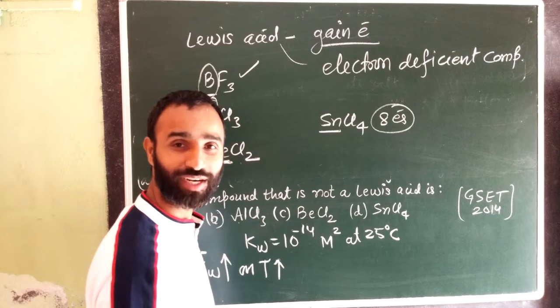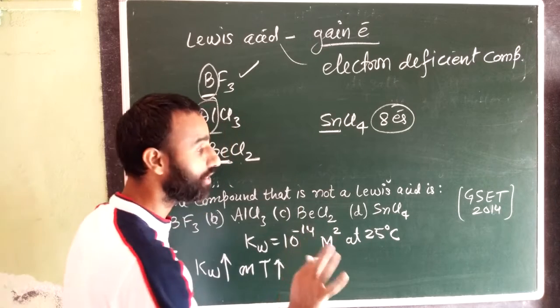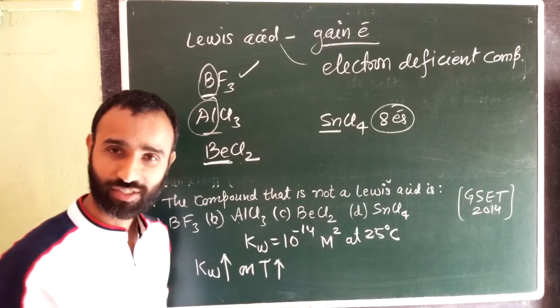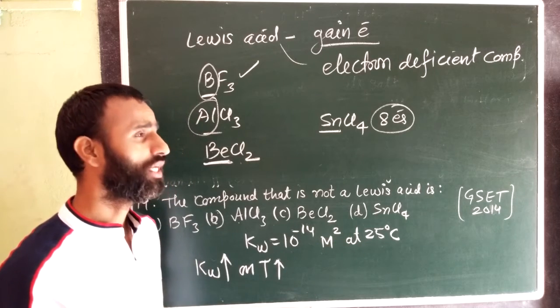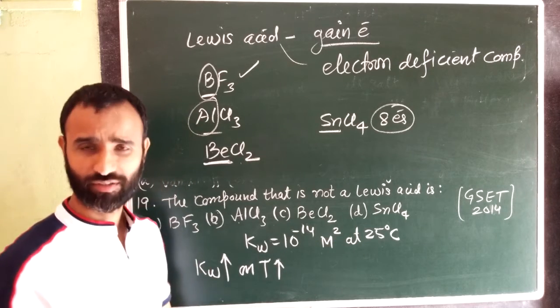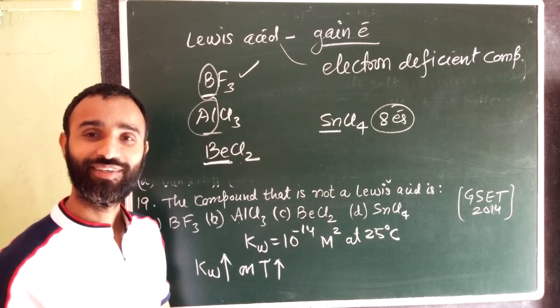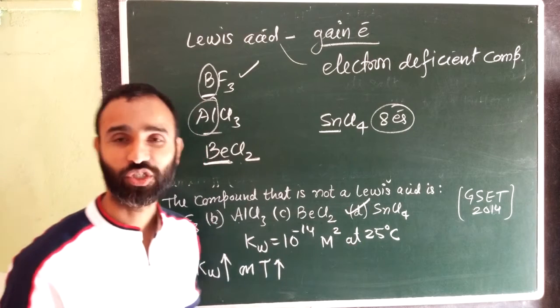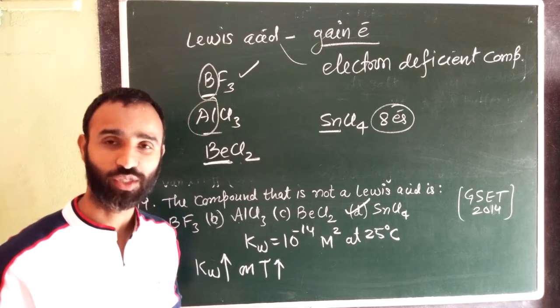It can also accept electron. That means no option is correct. Okay, all are Lewis acids, but to select one out of them, then we can select D. But it's not the right option as well.